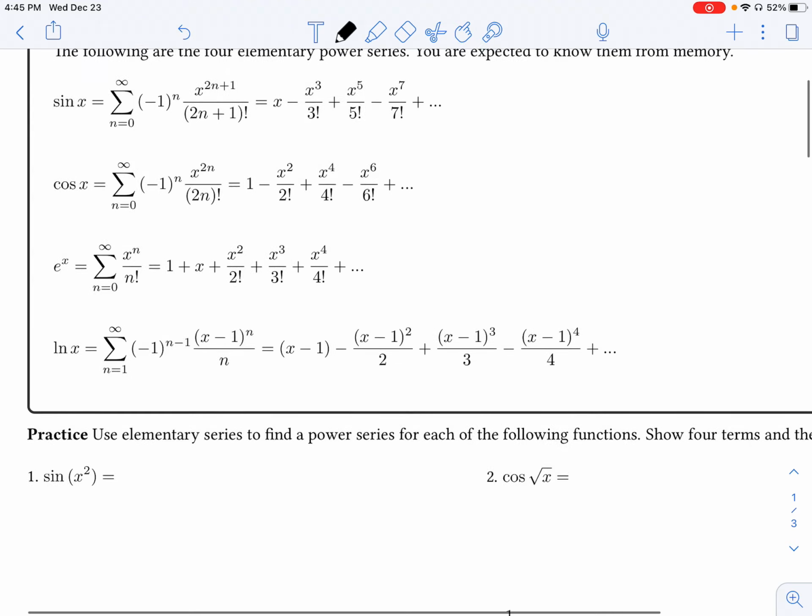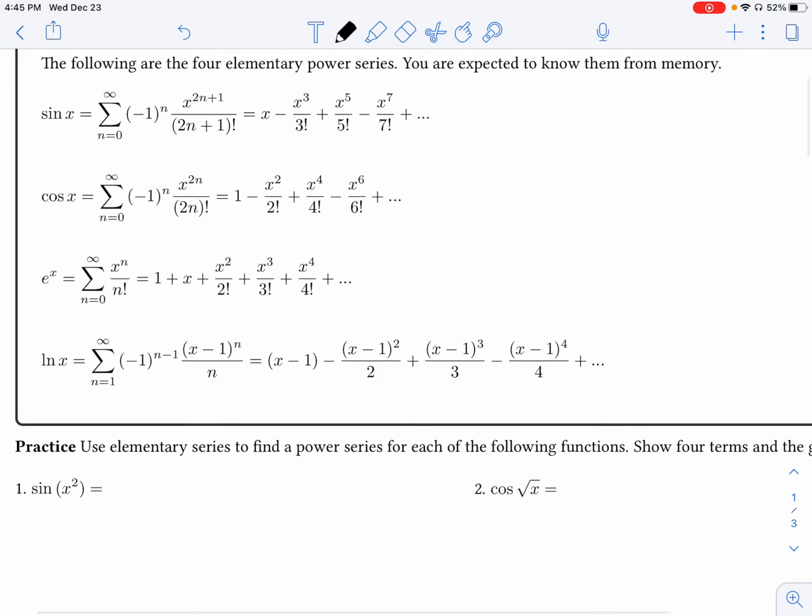All right, so let's do a really basic example of how we can use these elementary power series to write the power series for the functions that we see below, starting with sine of x squared. The sine of x squared is really just the elementary sine series, where what we're inputting into our function is x squared.